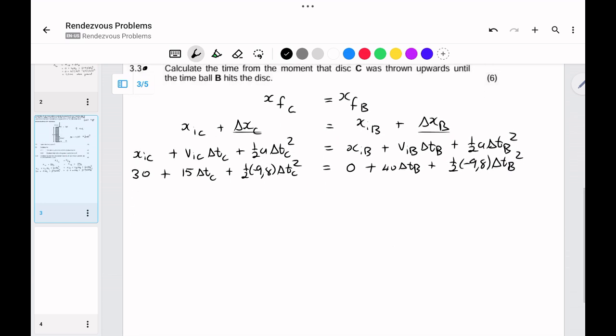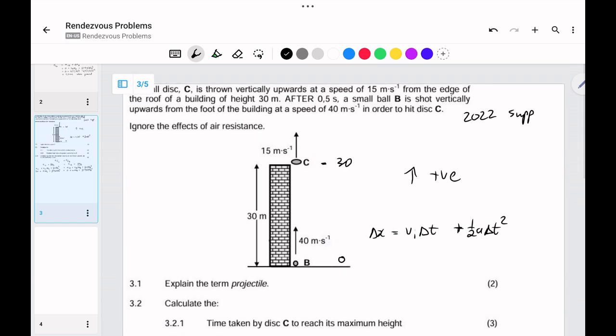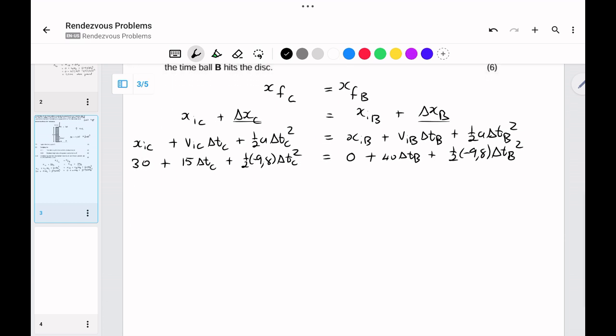And now let's go and write out the relationship between the times. So just like the previous problem, one of them starts flying sometime after the other, and it's ball B again who's flying a little bit later. Therefore, time for B is shorter than the time for C by 1/2 of a second. So we're going to use this equation now to make a substitution.